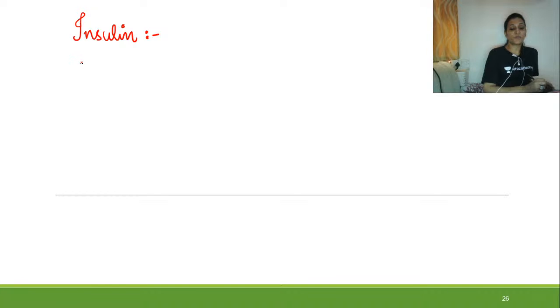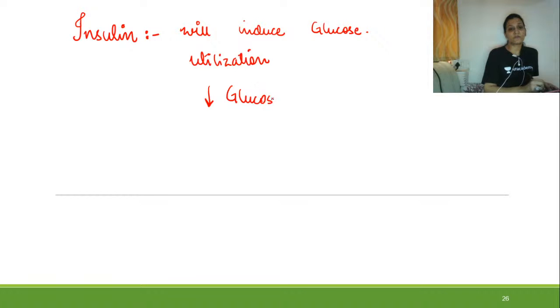Insulin will favor glucose utilization. If it induces glucose utilization, it means it will decrease the blood glucose level.